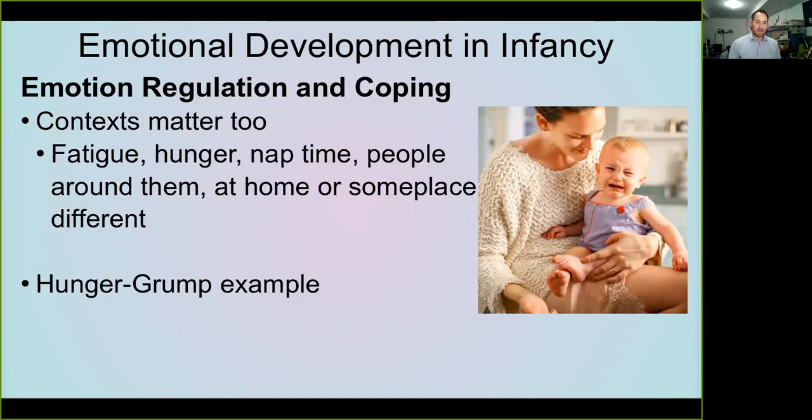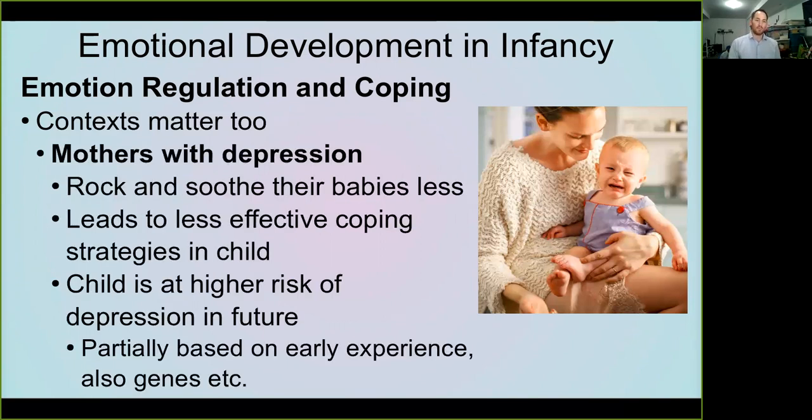So there are other contexts that matter for the emotions of children, such as if a mother of a child has suffered from depression, especially during the time of infancy. If a mother is suffering from depression early on, they will tend to do things like rocking and soothing a baby less.